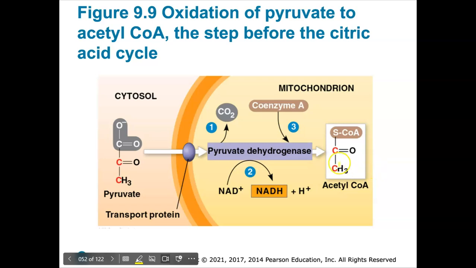You see how the acetyl-CoA has 2 carbons now, and then it's attached to coenzyme A. You have to understand it's 2 pyruvates that are oxidized, because 2 pyruvates were produced from glycolysis. So the 2 pyruvates would end up producing 2 carbon dioxide, 2 NADH, and 2 acetyl-CoA.